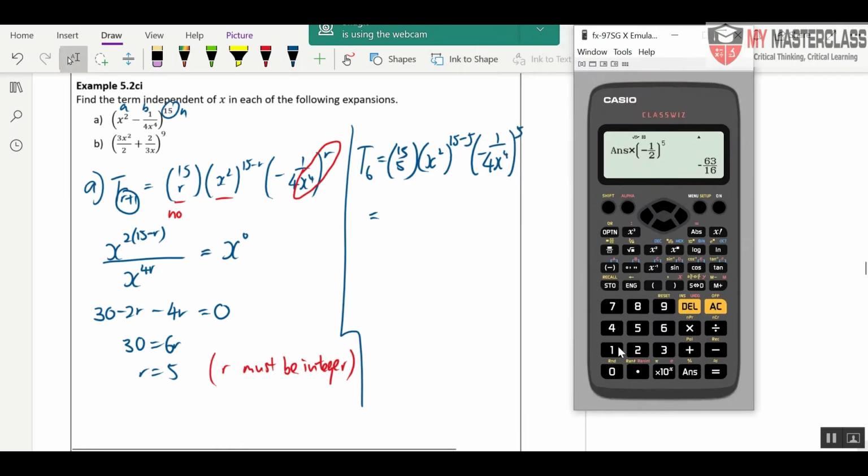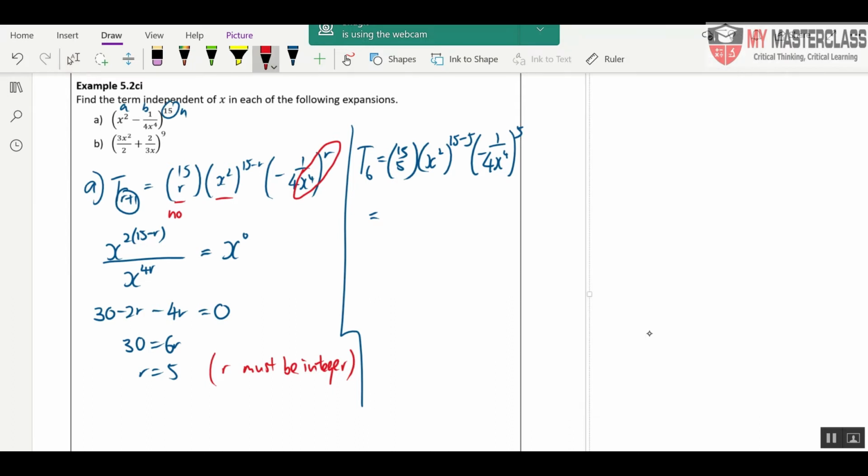First is 15 choose 5, I find out what that is first, and then multiply by negative 1 over 4 to the power of 5. Where does my negative 1 over 4 to the power of 5 come from?